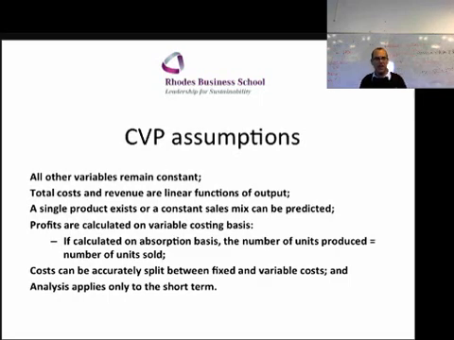One of the problems with absorption costing is that it fudges our true economic profit, because it takes some of the fixed costs incurred for the period and includes them in closing inventory. It defers them into another period. So CVP, because we're working on the basis of contribution, wants profits calculated on a variable costing basis. However, we can get around that if we calculate them on an absorption basis, but the number of units produced equals the number of units sold. That means there is a net zero deferral of fixed overheads.